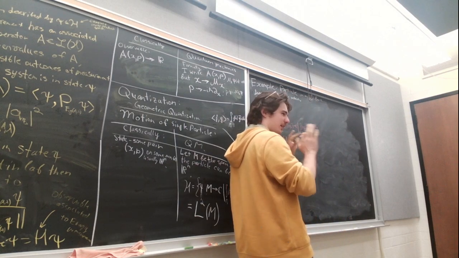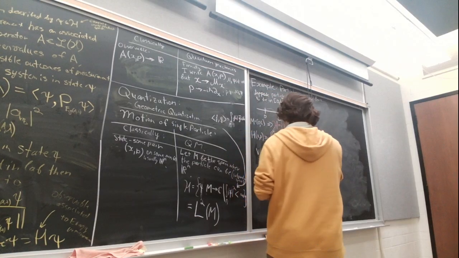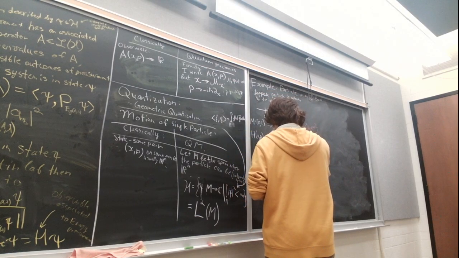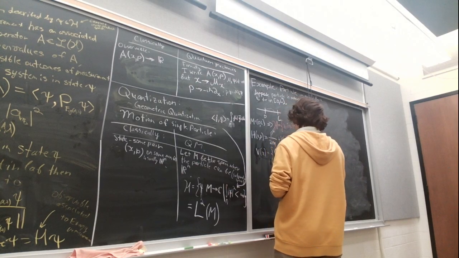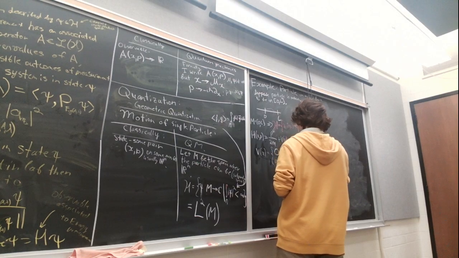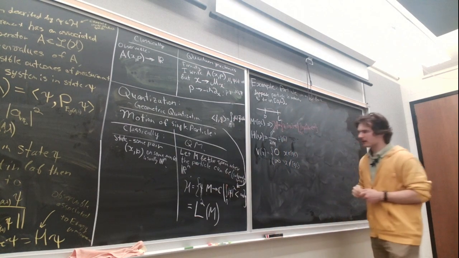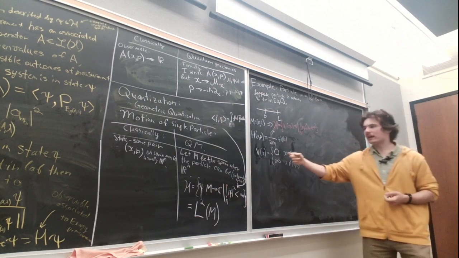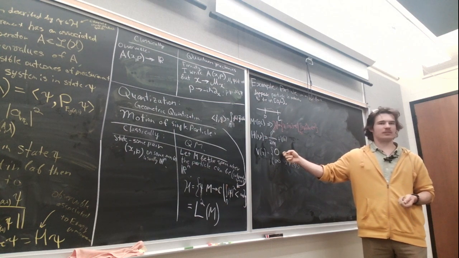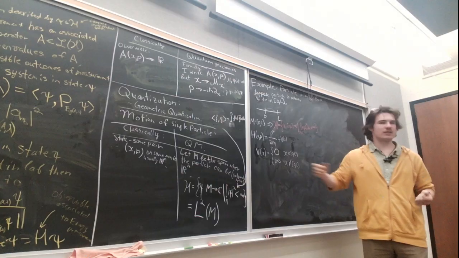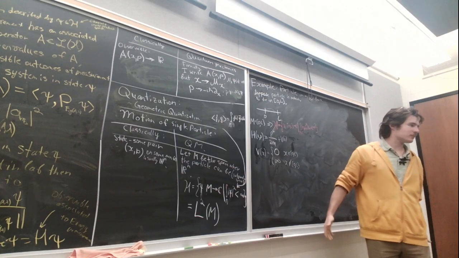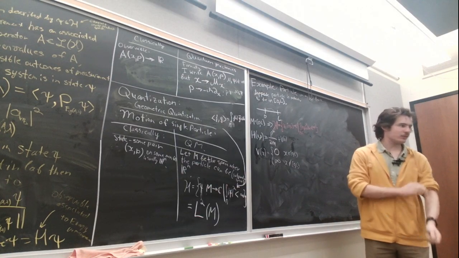What I'm telling you is an intuitive thing to say: the function is 0 if x is in 0 to L, and infinite if x is not in 0 to L. Cool. So roughly, there is no energy cost for me to be inside the box, and there is an infinite amount of energy that I need to put in to be outside of the box. So essentially, I can't be outside of the box. That's the idea.